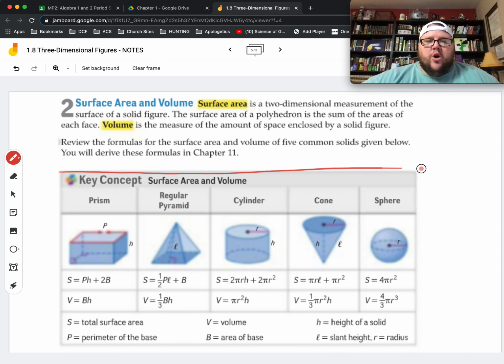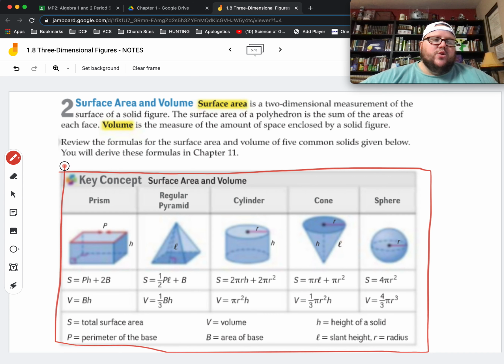These are our formulas. When we do these, it is easy when we follow the formulas. Okay? So we have a formula for a prism. The surface area is the perimeter of the base times the height. That gives me the area of the sides by taking all the perimeters times the height.